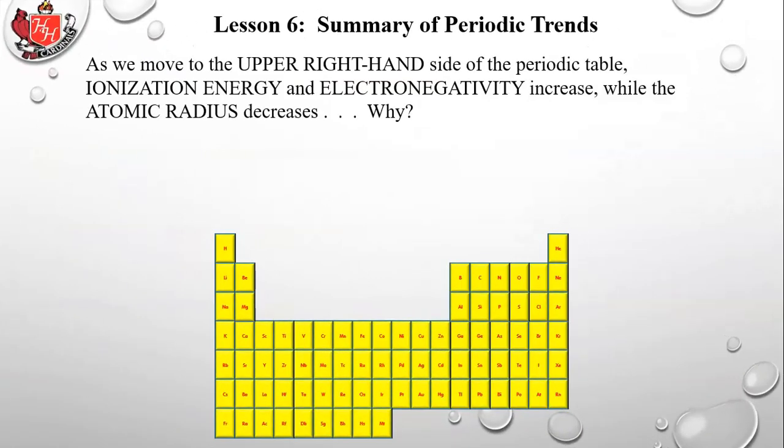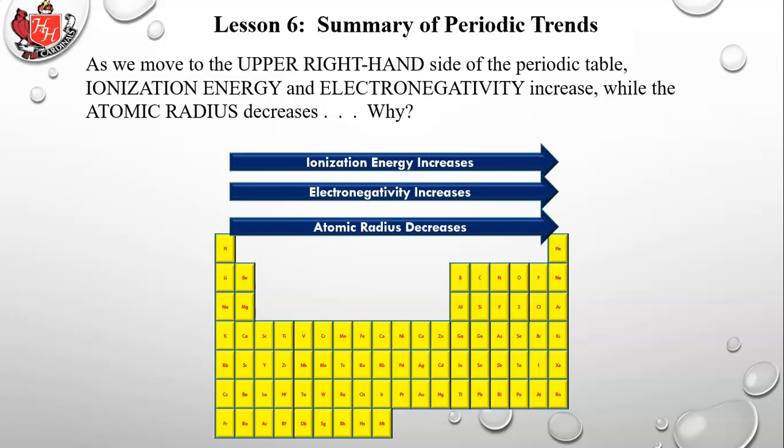So let's do a summary of these. As we move to the upper right side of the periodic table, ionization energy and electronegativity increase while atomic radius decreases. So you want to be able to explain those, and I'll have you write some paragraphs on that. Ionization energy increases going to the right, electronegativity increases going to the right.